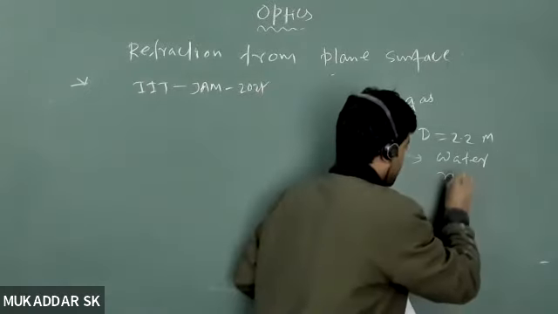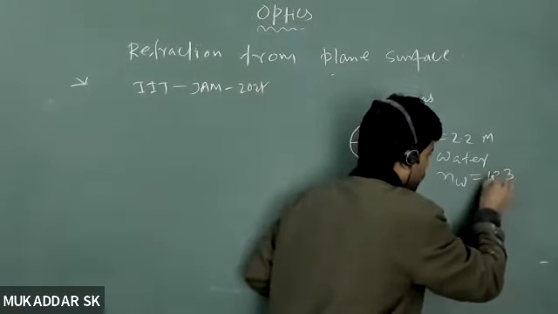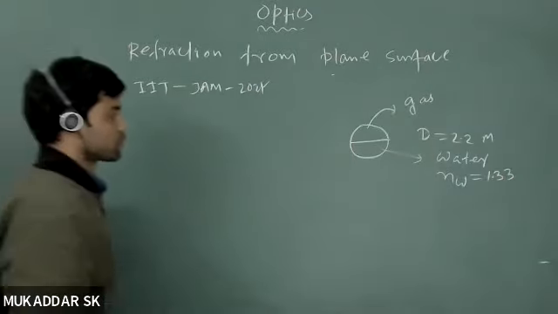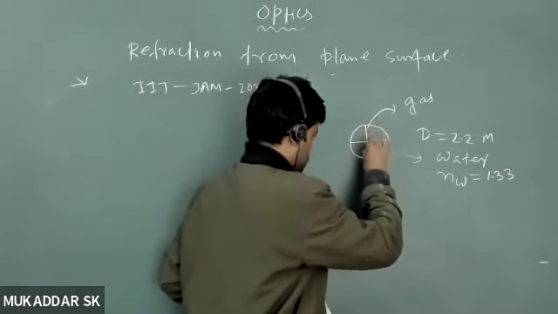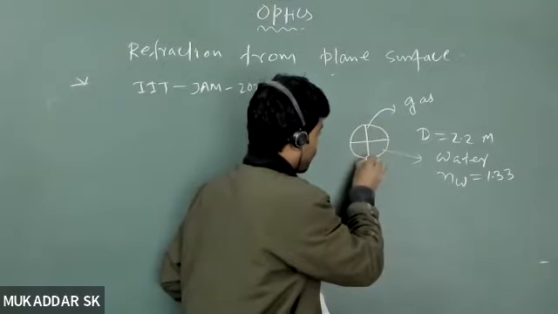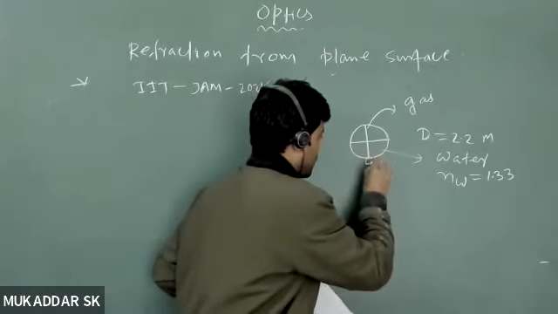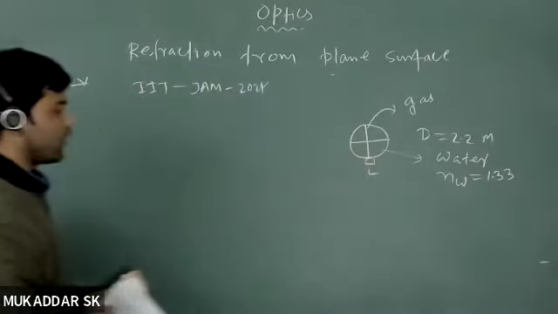The refractive index of water was given, and it is 1.33. And there is a laser source at the lowest point of the surface of the cylinder.